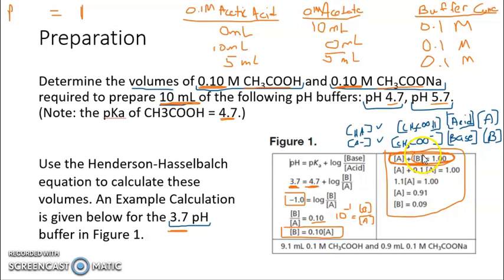We can replace this B with that number. So this 0.10A is now here. And now we have an equation with one unknown. We can solve for this. So 1.1A equals 1.